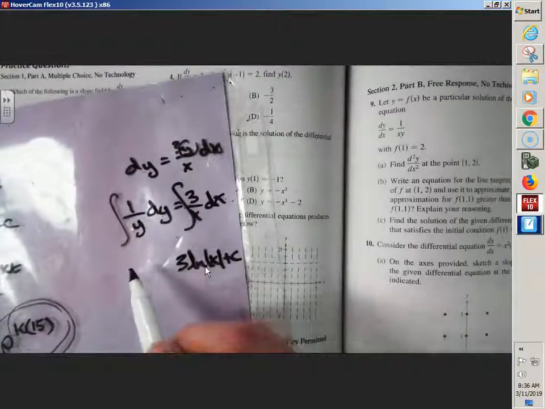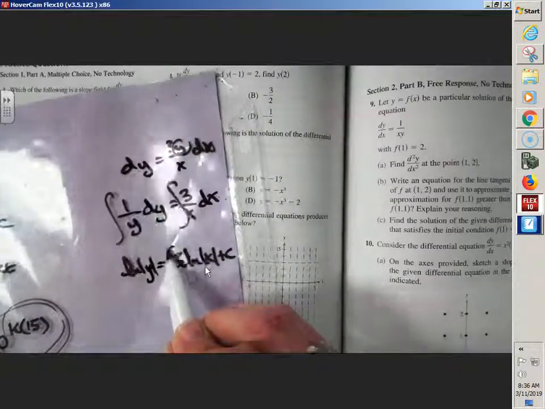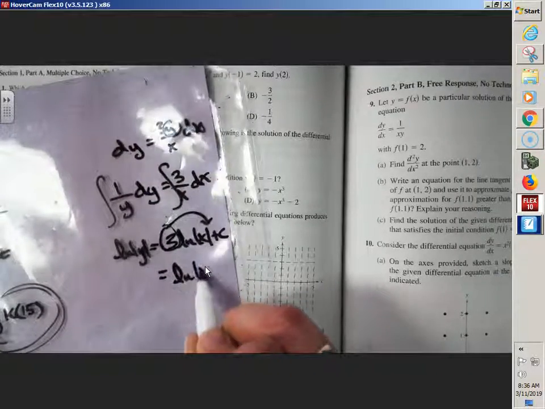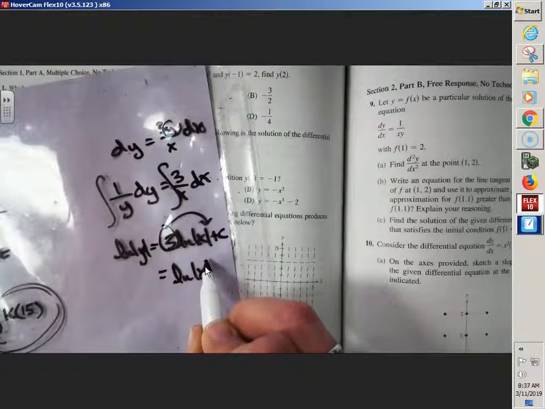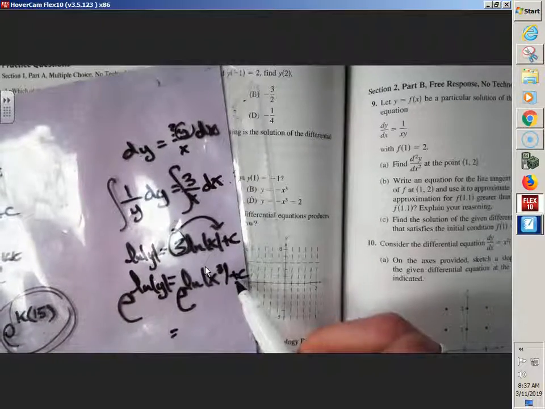Guys, what's a cool thing that we can always do with ln's when we have numbers in front? Make it an exponent. So I can say ln of x, you can put the cubed inside or outside. It doesn't really matter. I just need the absolute value because it's odd. But as soon as I've gotten rid of that puppy, now it's algebraically legal for me to go ahead and multiply. Whoa, whoa, whoa. Where's the plus c?